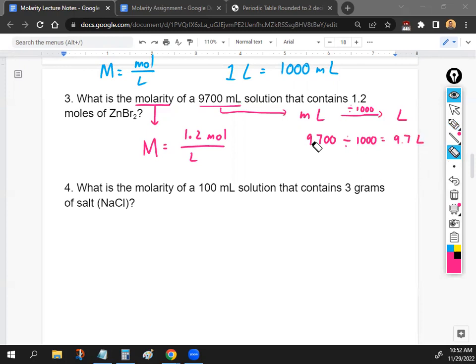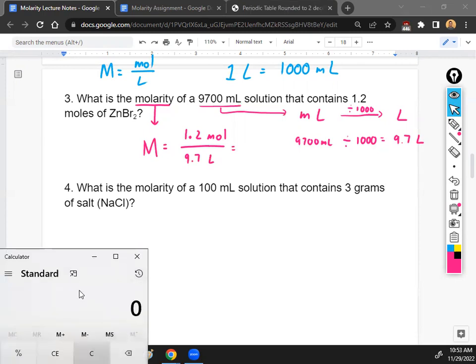So that's what you had to identify before you solved the problem. You have to turn milliliters into liters. And then from there, we take 9.7 and throw it on the bottom of the fraction, and then we can plug it into the calculator.